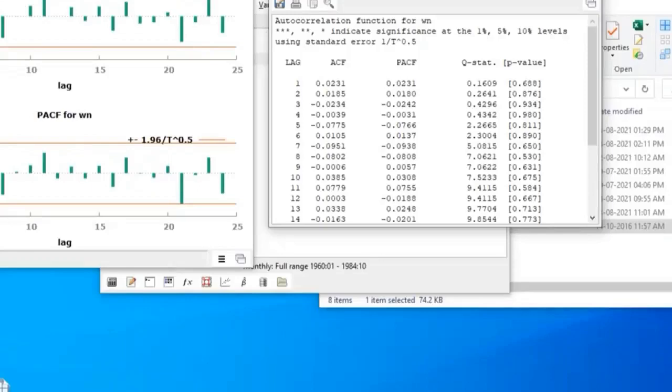White noise is an error term, a spherical error term. The spherical error term is the general term in econometrics, but in time series, we call a spherical error white noise. It has a flat spectral density. Flat spectral density means these three properties: zero mean, constant variance, zero autocovariance or autocorrelation.